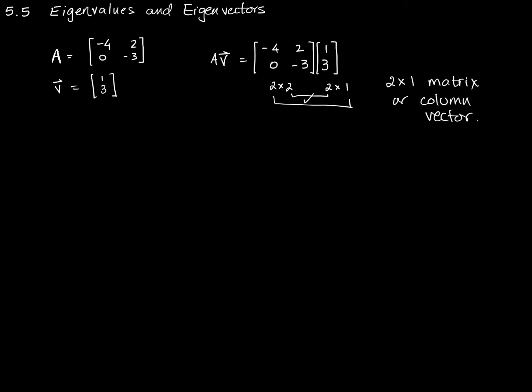Okay, so what does that look like? Well, I'm going to multiply row 1 by column 1. That's my only column, but that's okay. Row 1 times column 1 is -4 times 1 plus 2 times 3. And then I'm going to take row 2 and multiply it by column 1.